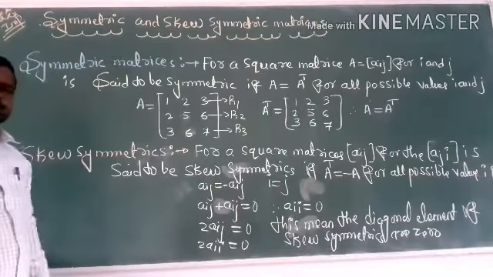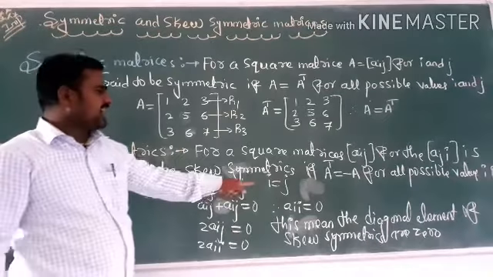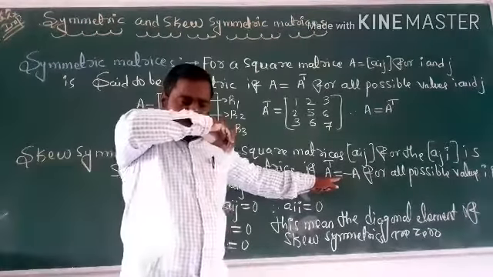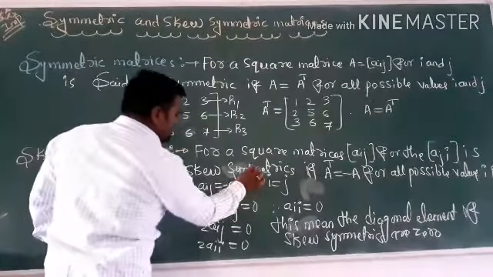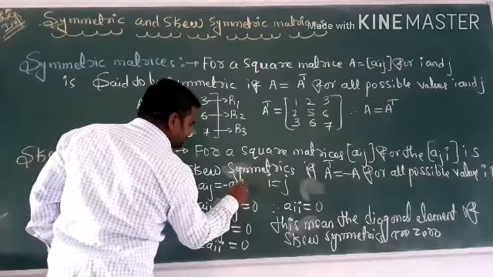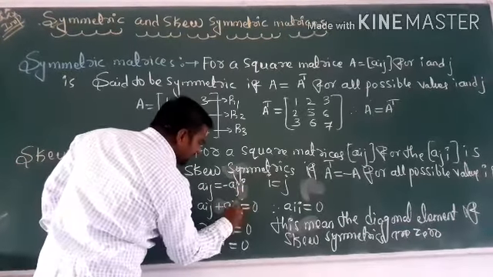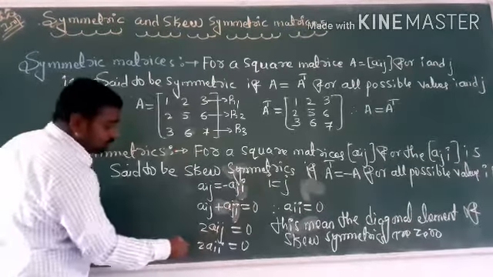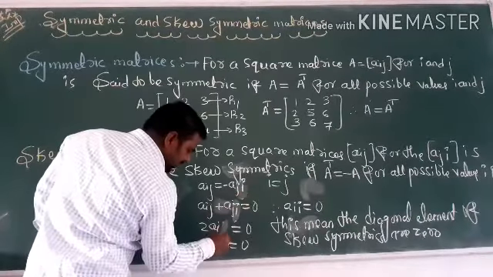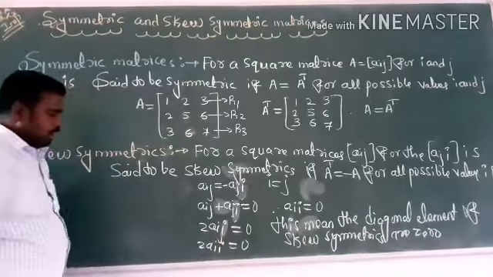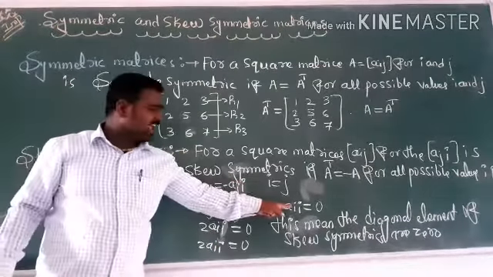So I am going to express this one. You can take aij minus aji, or otherwise whatever element is in this expression. When i is equal to j, then aii is equal to 0.